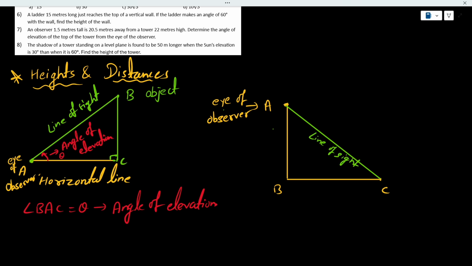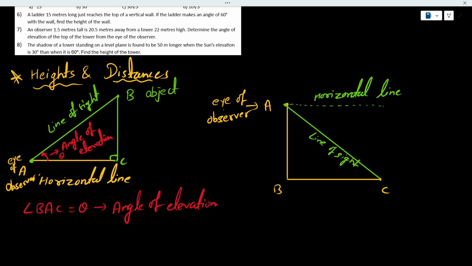Right, now what is this here? I know that the angle is always between the horizontal line and the line of sight, but there's no horizontal line here. So you will draw an imaginary horizontal line which should be parallel to the ground level, because this is a very, very important part. You should always remember the angle is always between the horizontal line and the line of sight.